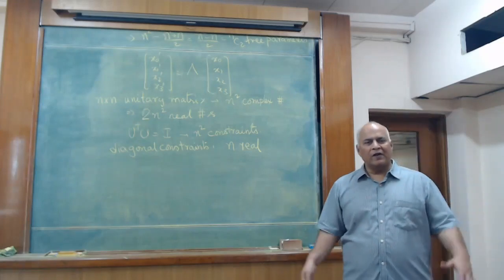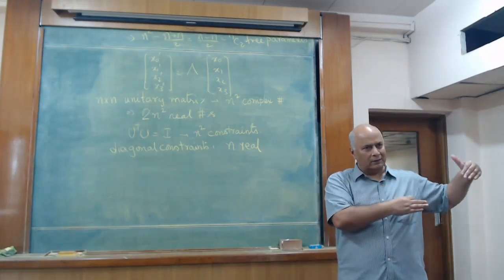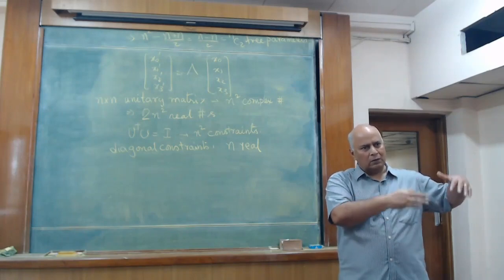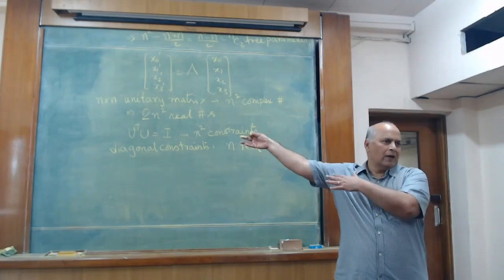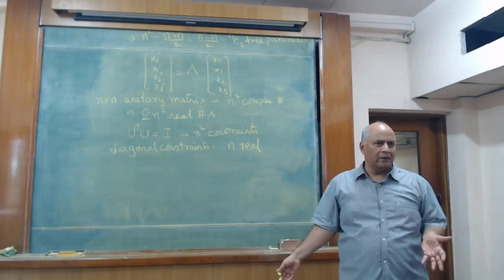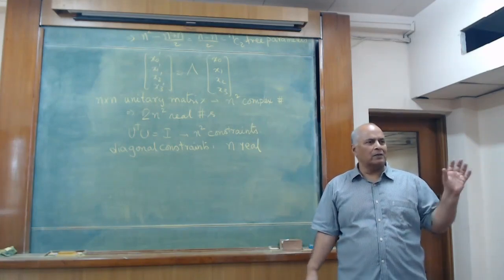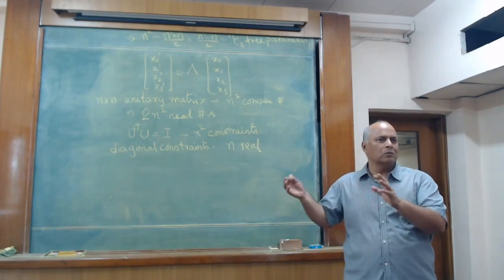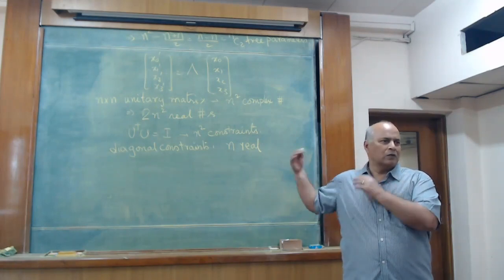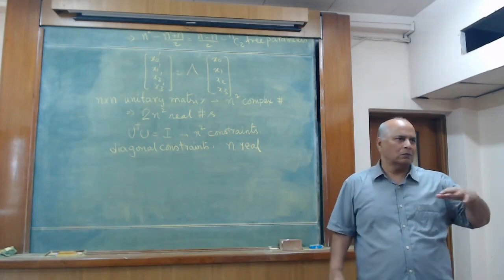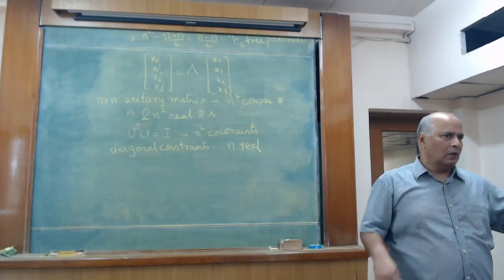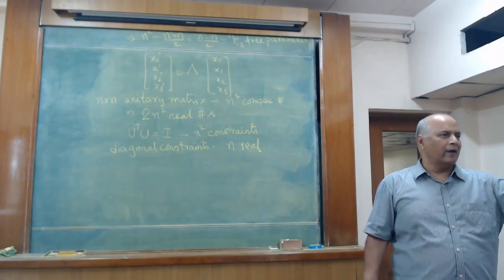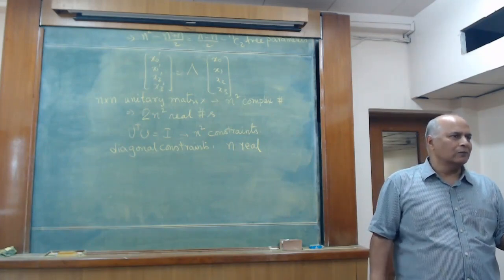So, if I treat one set as double the number of real constraints, then the other set are not independent. I mean, if I say x plus iy equal to 0, it means x equal to 0 and y equal to 0. Then I don't get an independent constraint from x minus iy equal to 0.